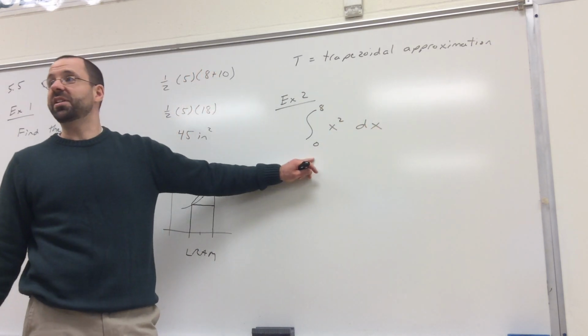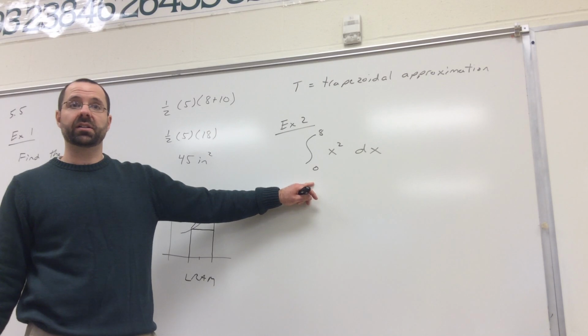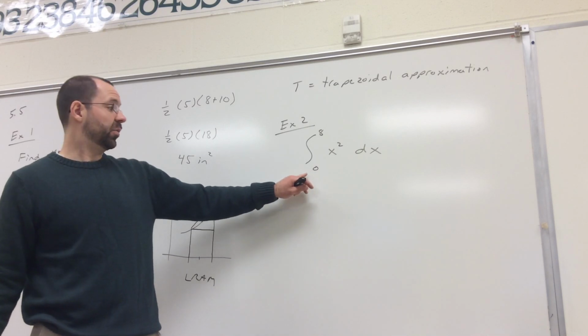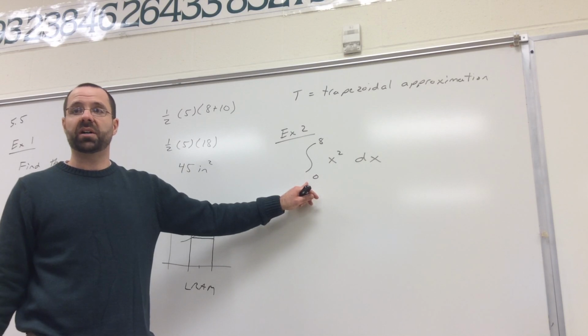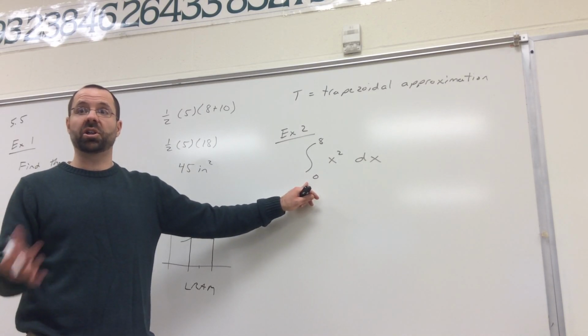Okay, so remember this crazy notation means find the area underneath x squared from 0 to 8. And when you write it like this, that means find the exact area. But instead of finding the exact area, we're going to approximate this.